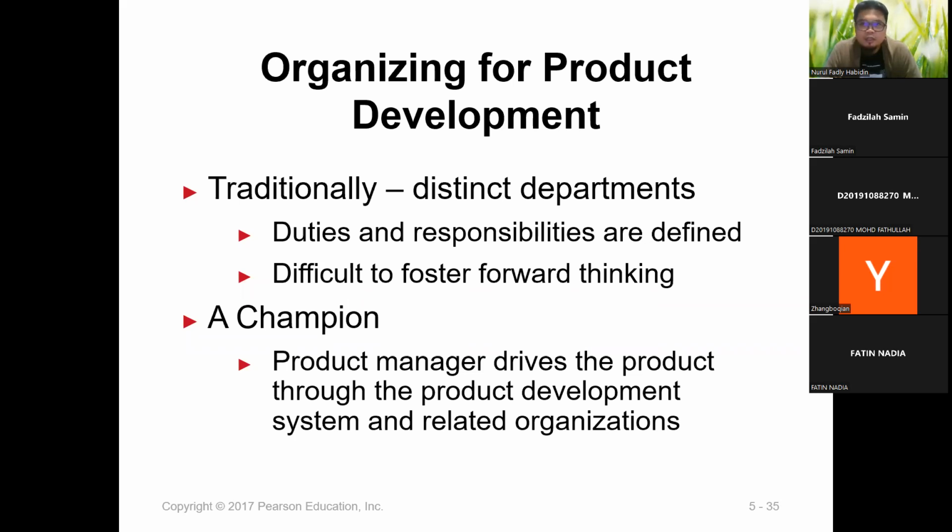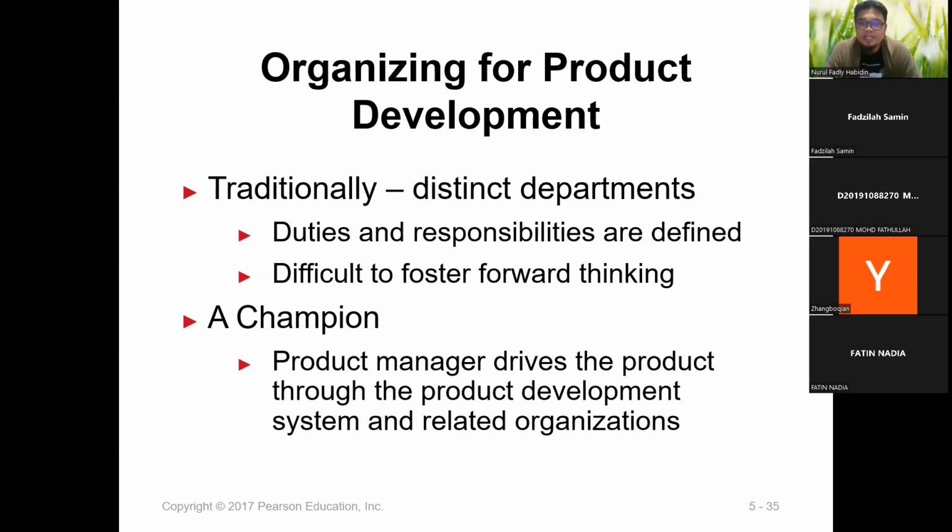At the same time, we have increased our design, because we need to compete and we need to know the critical needs from the customer and market segmentation also. So for me, if I want to succeed in organizing product development, I still need a very good basic and foundation in the traditional way.